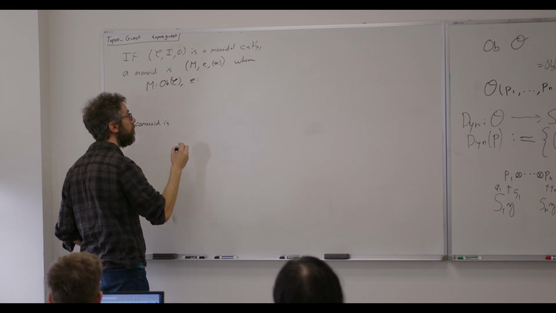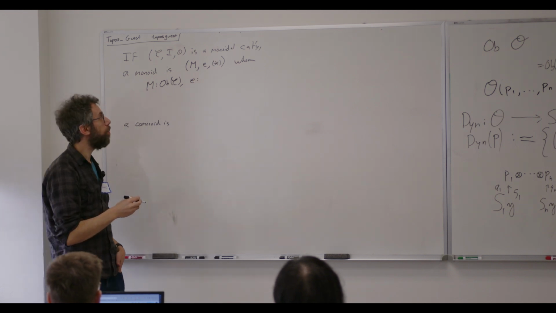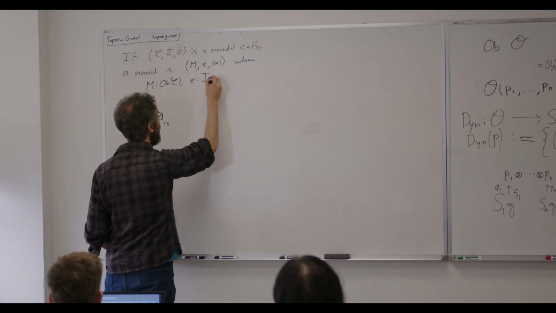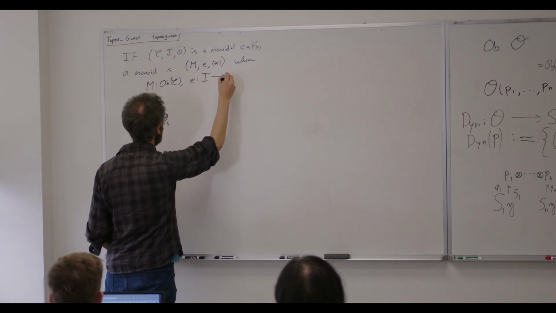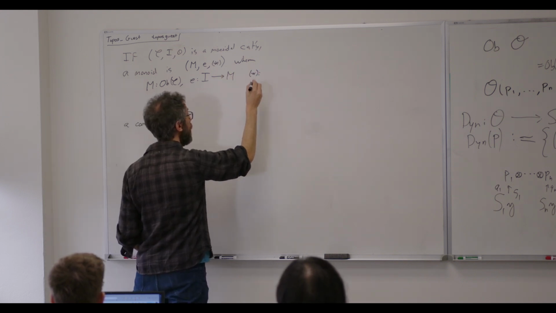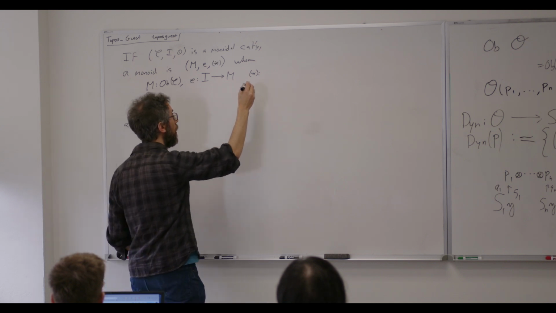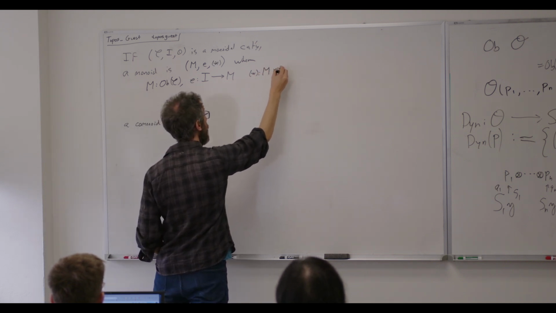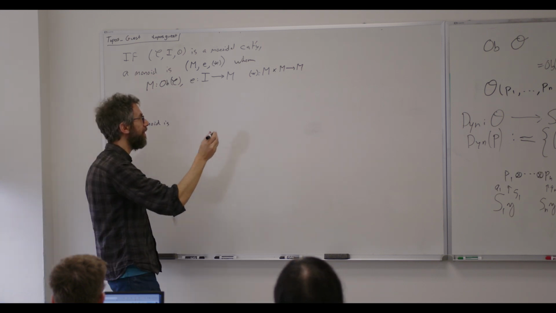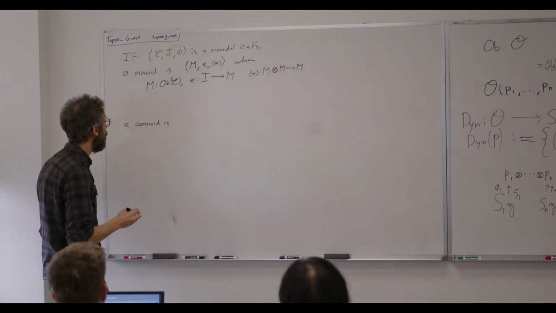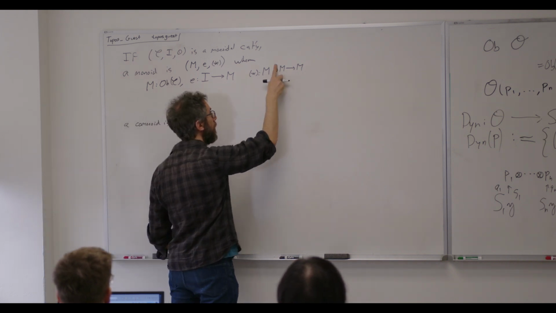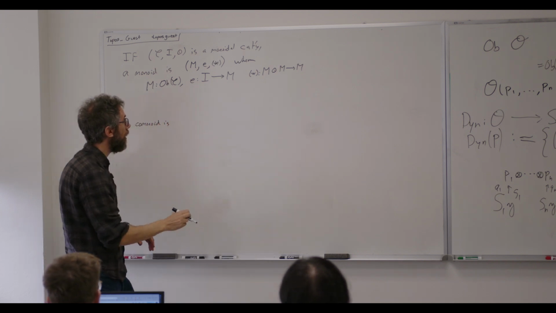E is a map from, any guesses? Terminal object? Nope, we don't have a terminal object. From I, yep. To M, and star is a map from M times M, or tensor M, to M. These have to satisfy some conditions.